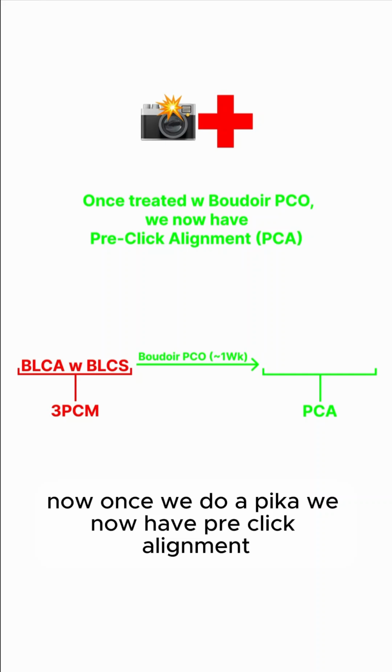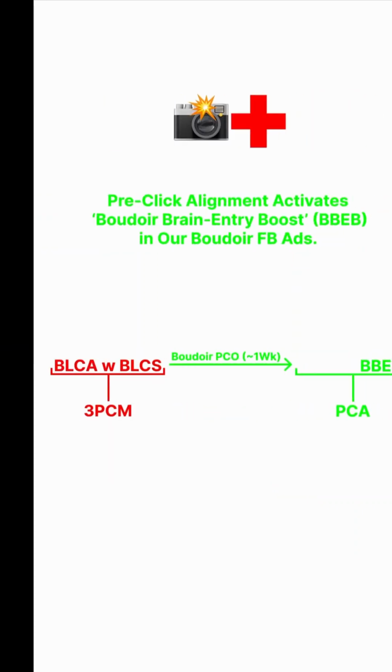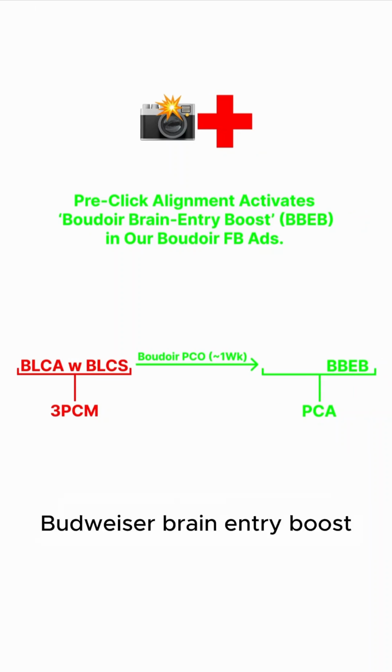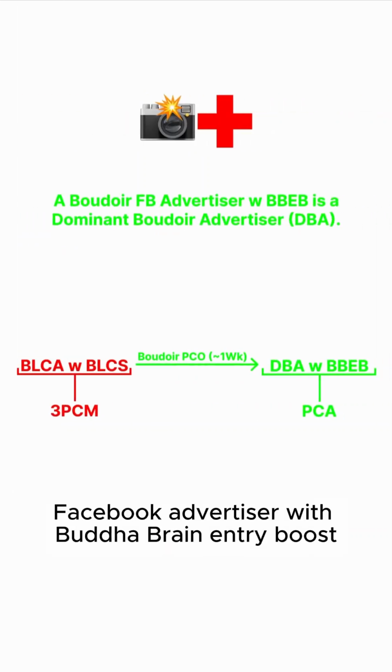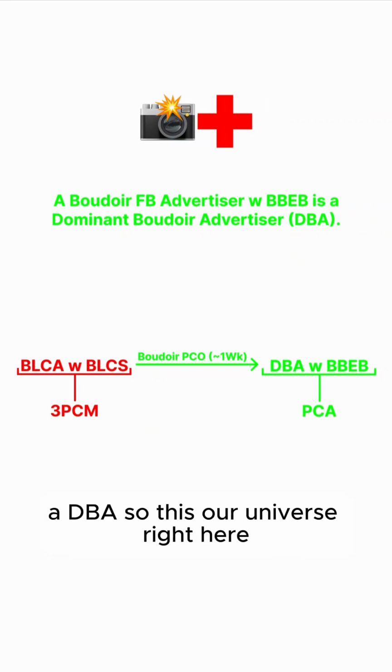Now, once treated with Boudoir Pico, we now have pre-click alignment. So we solve the 3 pre-click mistakes, we achieve pre-click alignment. And pre-click alignment activates Boudoir brain entry boost in our Boudoir Facebook ads, aka we finally got our unique CTR all above 6%. And a Boudoir Facebook advertiser with Boudoir brain entry boost is a dominant Boudoir advertiser, a DBA.